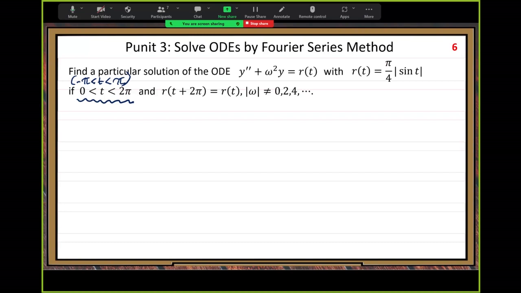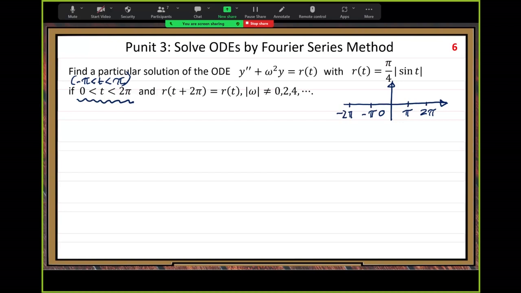Here, let me draw a graph. 0, pi, 2 pi, negative pi, negative 2 pi.